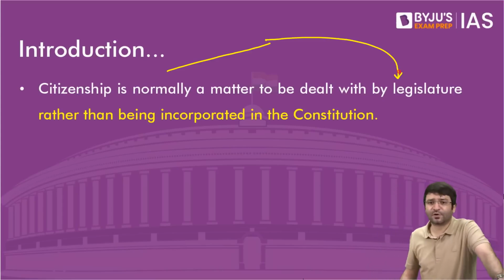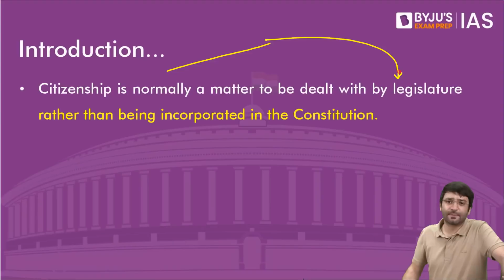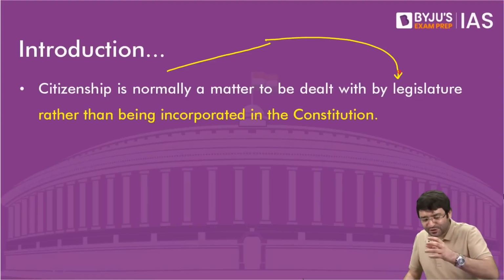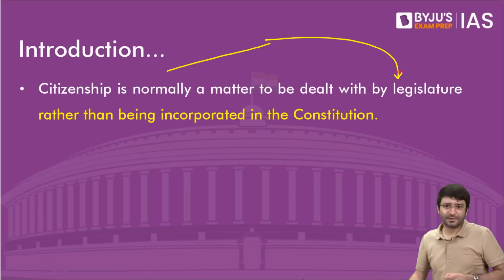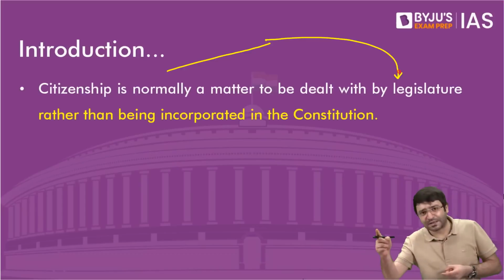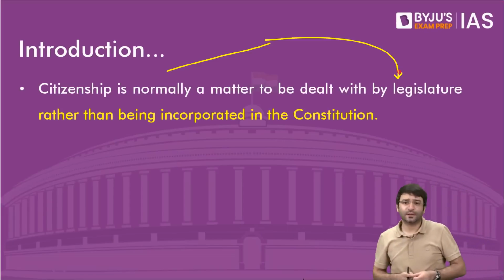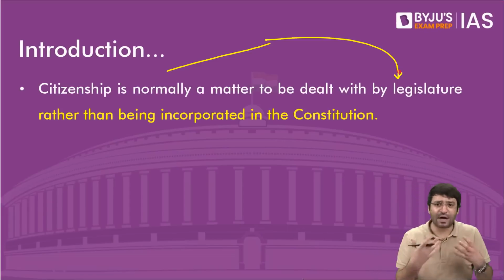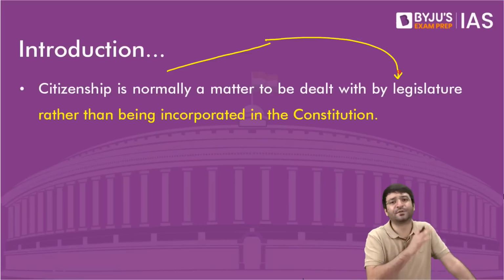Because in 1947, when the country was partitioned, unfortunately on the grounds of religion, it was not only the partition of the land, there was a massive migration of millions of people from India to what became Pakistan, and from what became Pakistan to India. And in 1950, when we gave ourselves a constitution, we had to be sure of a lot of things.